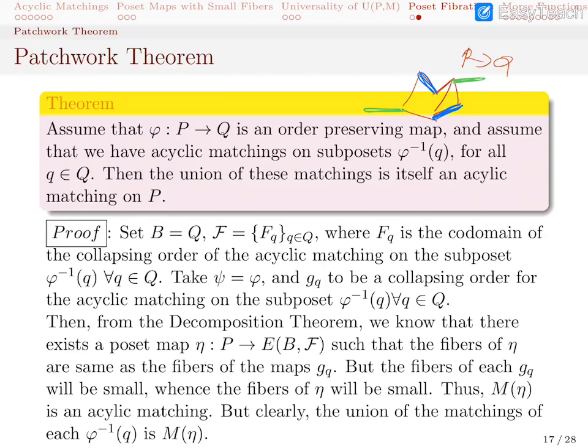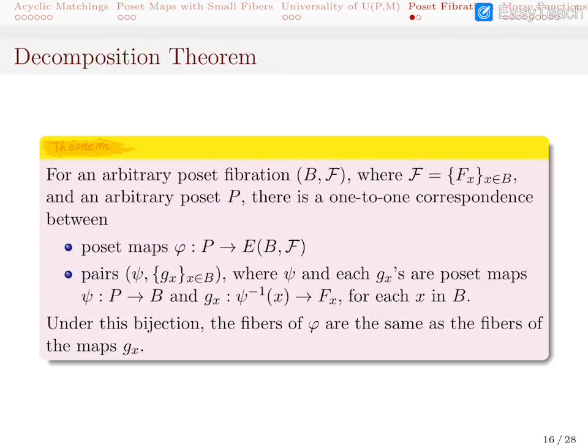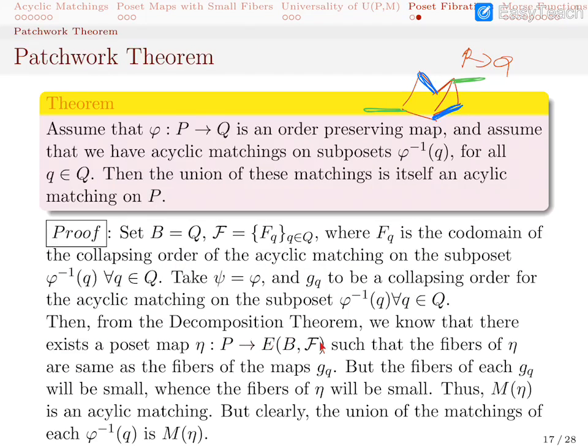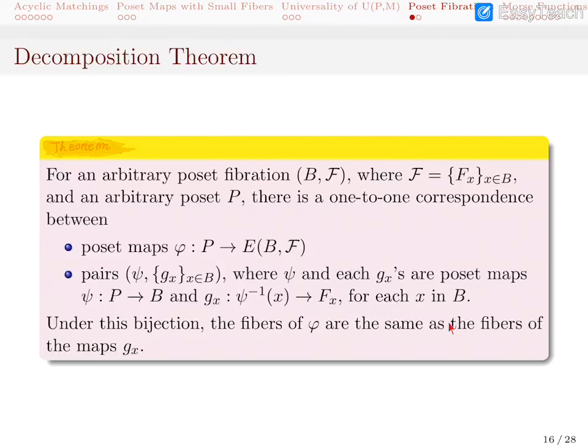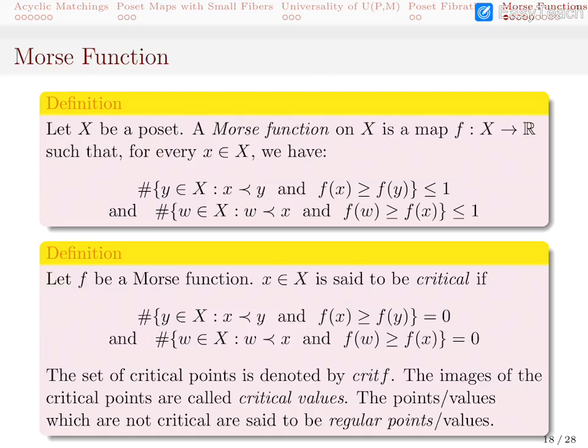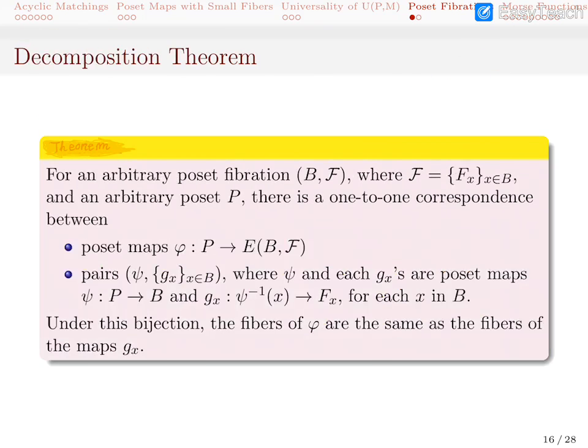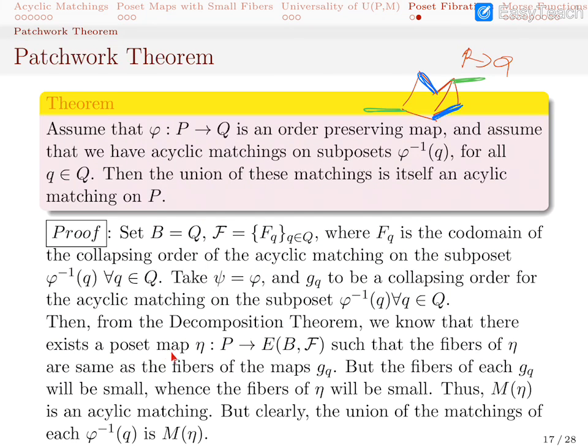Having set up the notation, we will now use the decomposition theorem, and from the correspondence as I have stated here, we have a poset map eta from P to E_B F such that the fibers of eta are the same as the fibers of the maps G_Q.